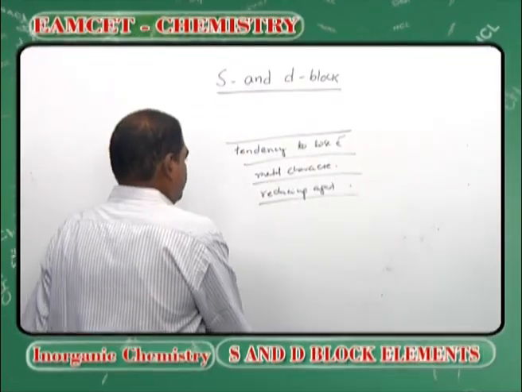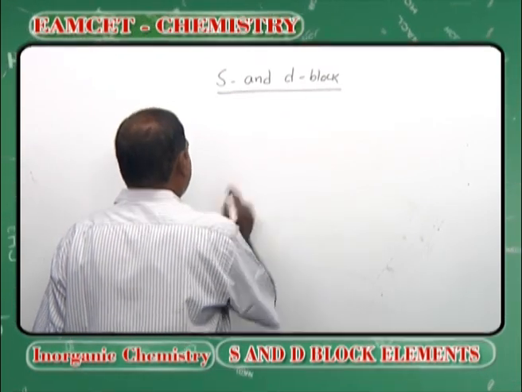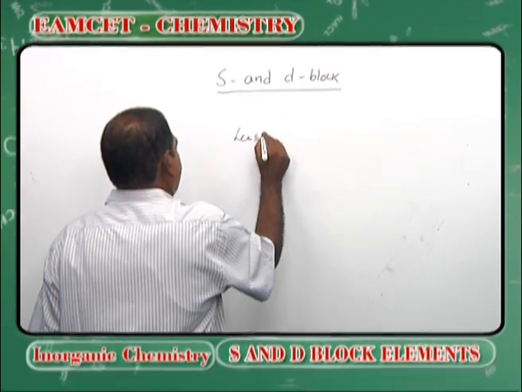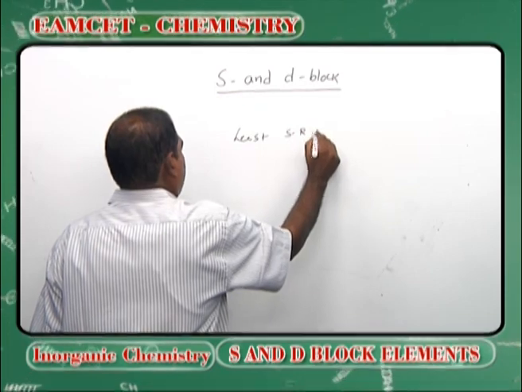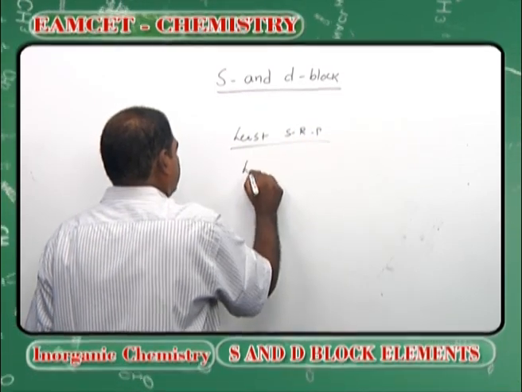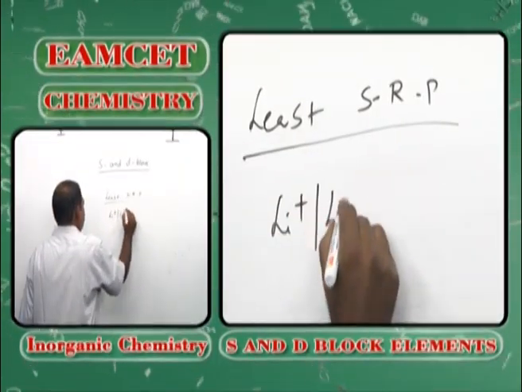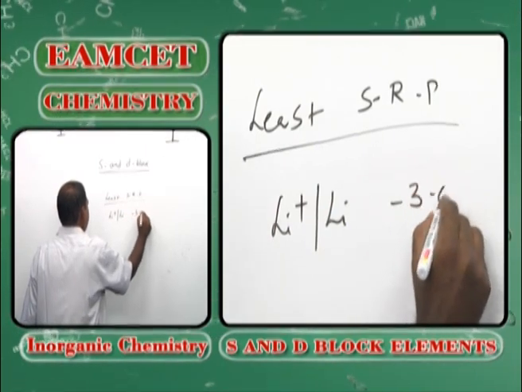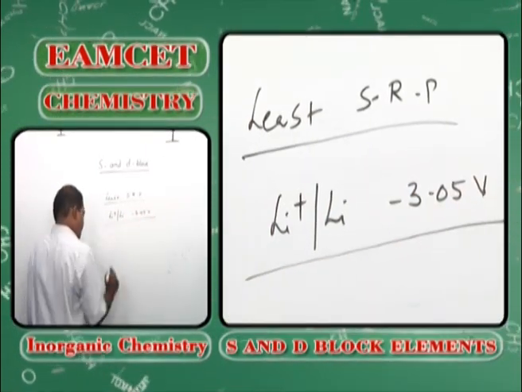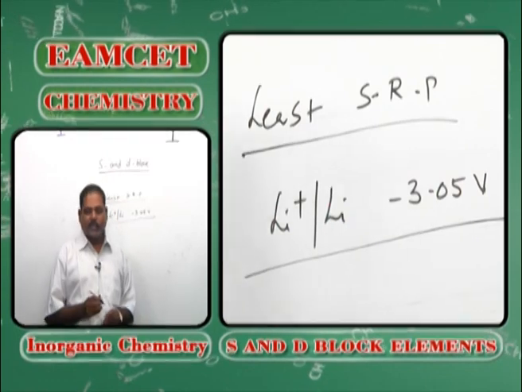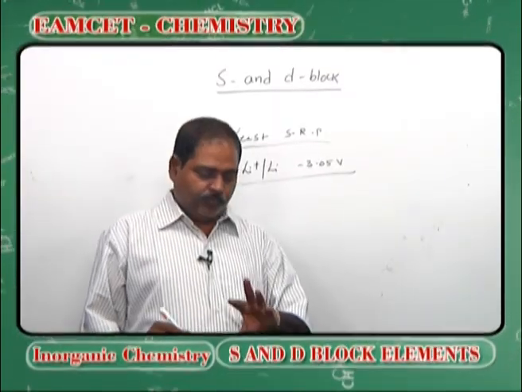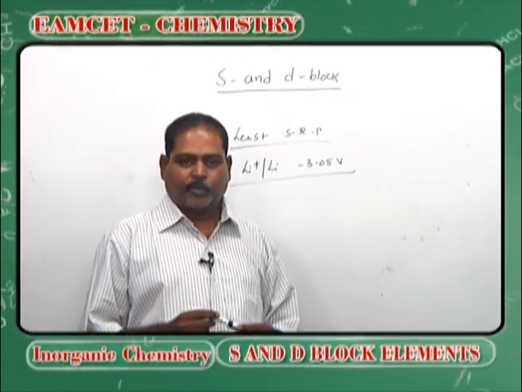Why? It has the least standard reduction potential. Among all metals, for Li+/Li the value is minus 3.05 volts. What is this SRP? We can discuss it later in another topic perhaps.